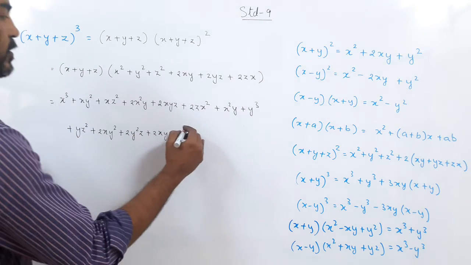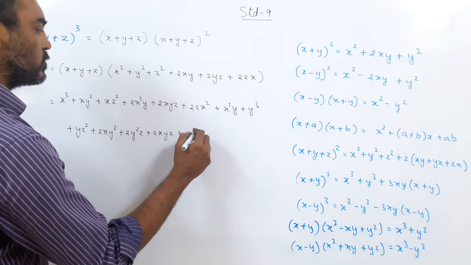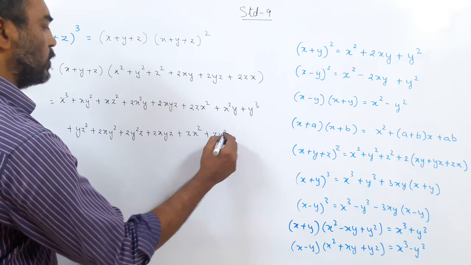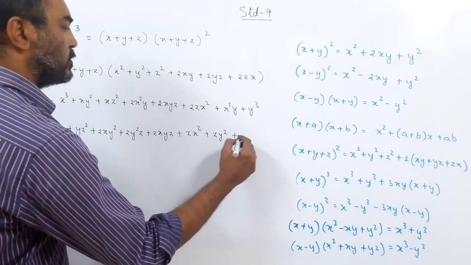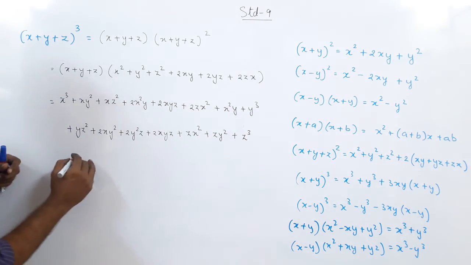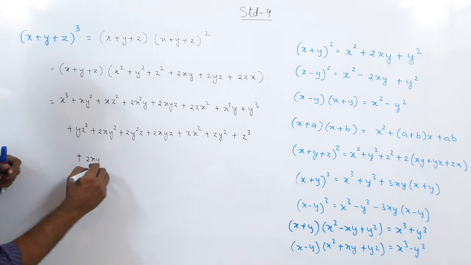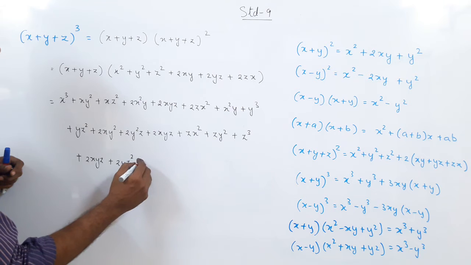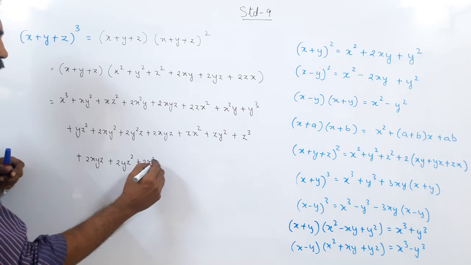And now with the z: zx² + zy² + z³ + 2xyz + 2yz² + 2z²x.